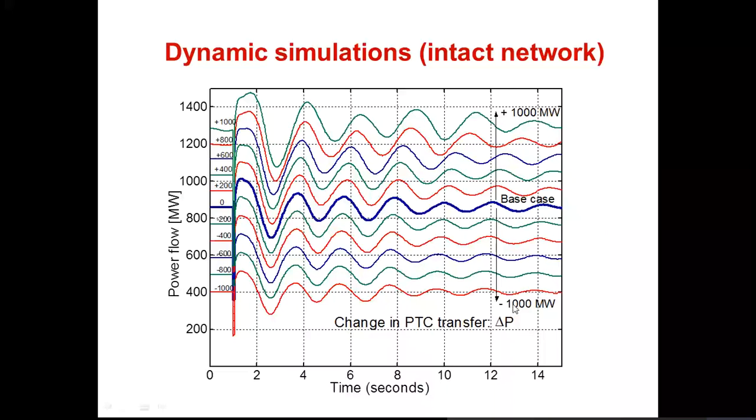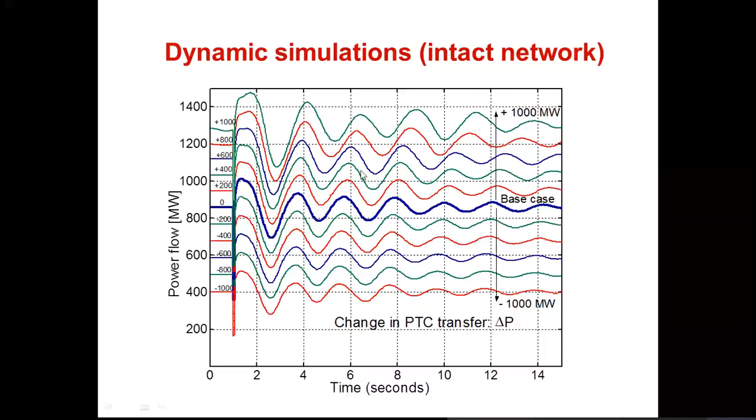So we have plus 200 from the base case, plus 400, plus 600, plus 800, plus 1000. If we have an increased amount of power flow, say 1000 megawatt from the base case, you can see that the amplitude of oscillations has increased comparatively.